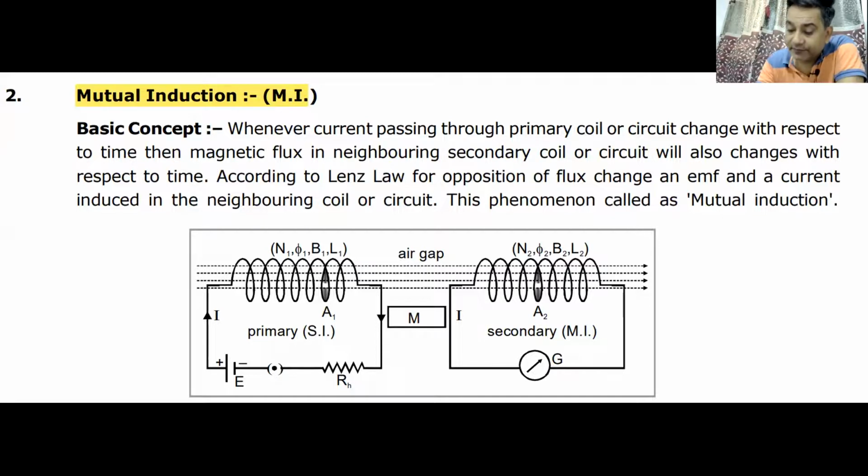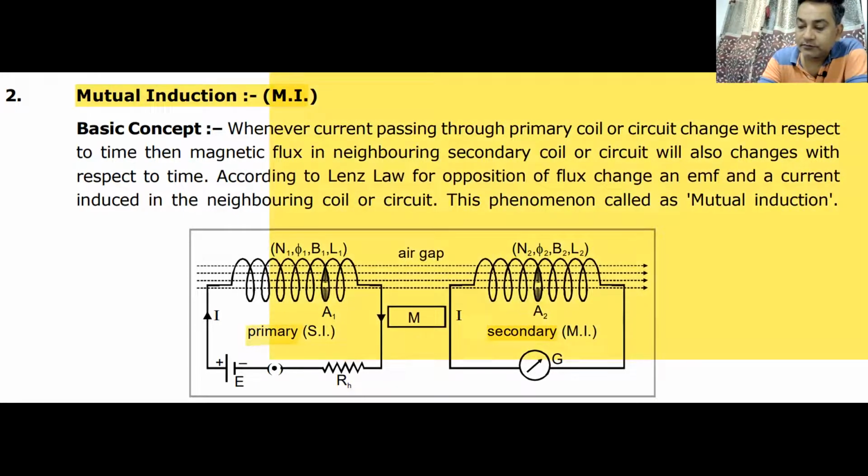In mutual induction, I have two coils. One coil is the primary coil, number one. One coil is the secondary coil, number two.